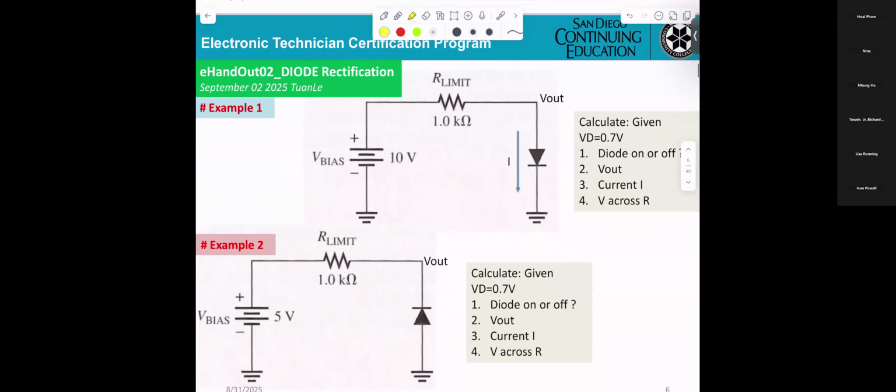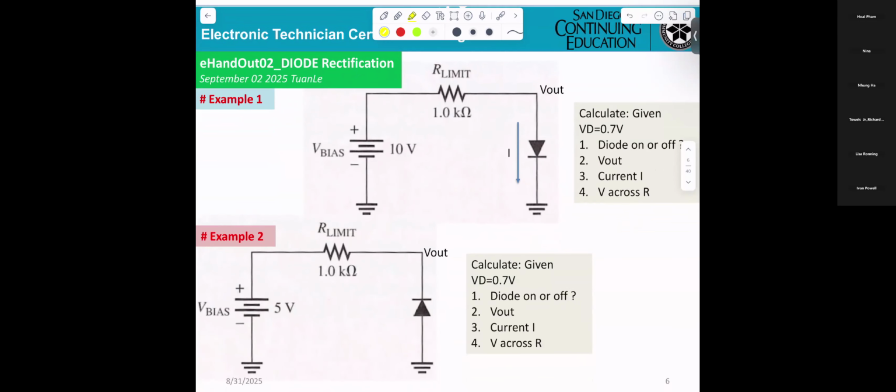Okay, now we'll see. For this circuitry, you get 10 volt positive, and you get a diode. So how do we know the diode is on or off? That means conducting or not.